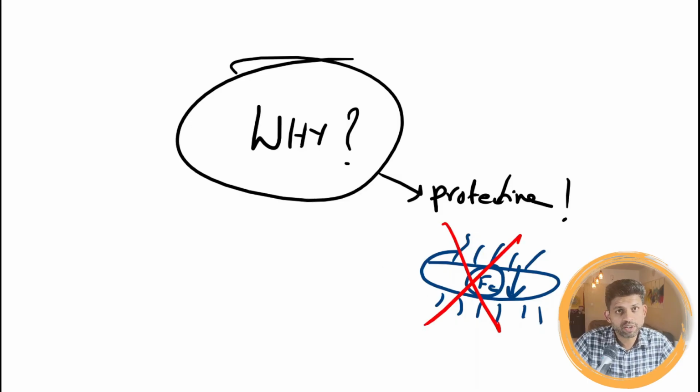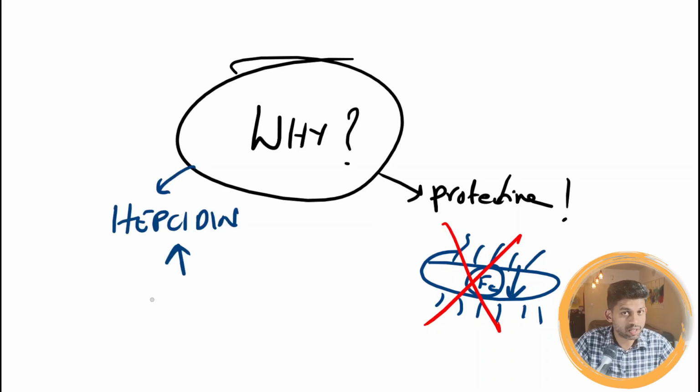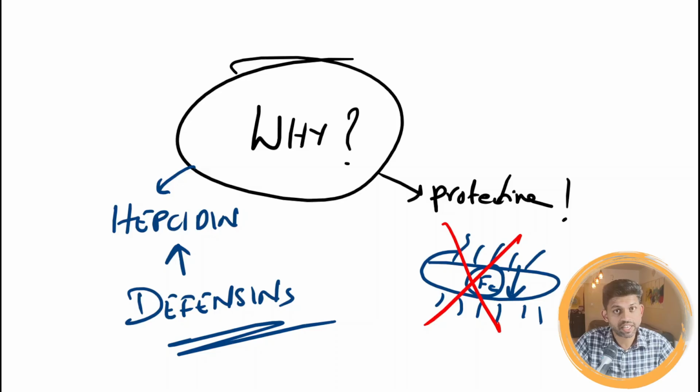So it's a protective mechanism against infections. Along with that, hepcidin is a part of a family of defensins which are secreted when infection occurs in the body. So it's probably a natural adaptation against infections.